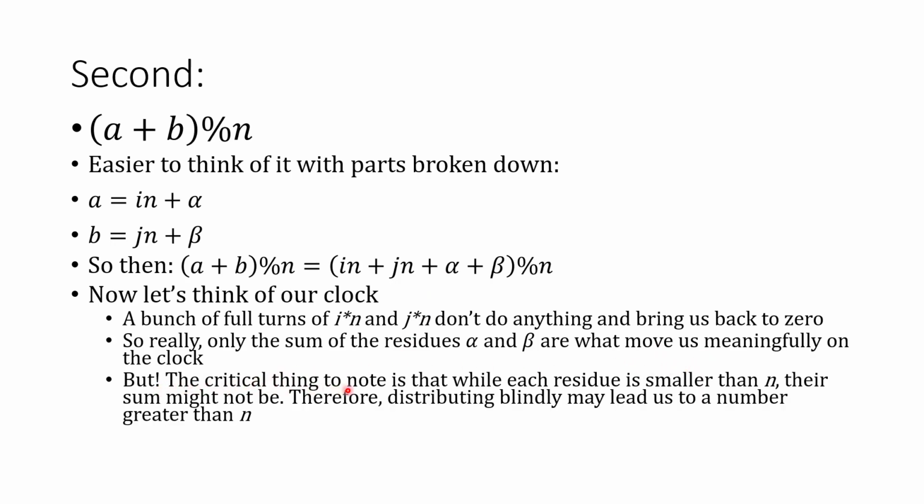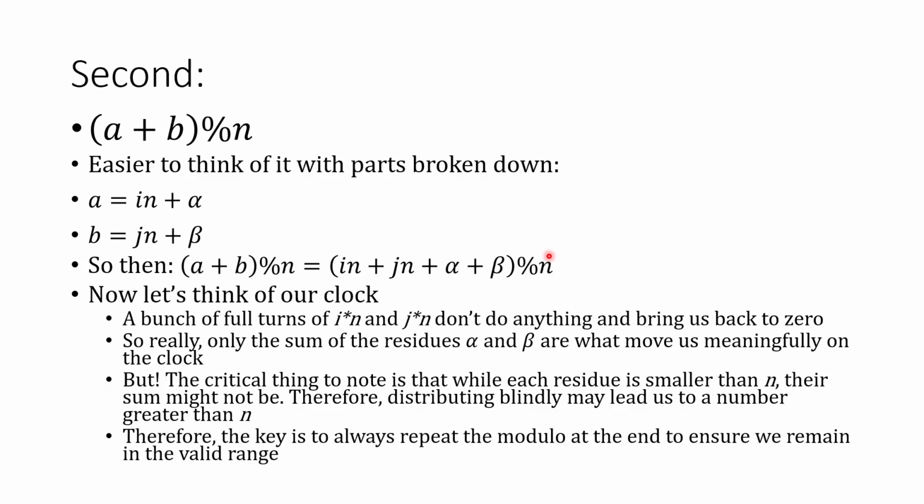But the critical thing to note is that while each residue, alpha and beta, is smaller than n, their sum may not be. Therefore, distributing blindly, saying, let me distribute this mod n to both of them, may lead us to a number greater than n, because when I distribute this, it'll yield alpha and beta because they're both less than n, and then maybe their sum will be greater than n, but that's a no-no because anything in here should be less than n when we apply the mod to it.